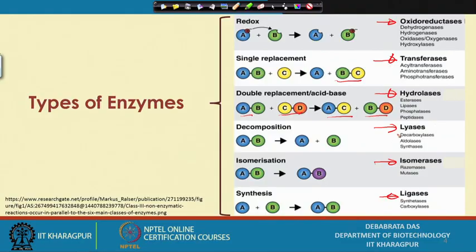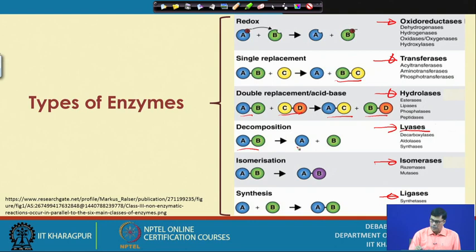When sugar hydrolyzes in the presence of water, it produces glucose and fructose. Now another enzyme is called lyase. This undergoes decomposition. I have given a lot of examples here, like decarboxylase. This is how the reaction takes place. Isomerase is a very interesting enzyme which changes the functional group. As for example, glucose is converted to fructose, and glucose has an aldehyde group and fructose has a ketone group.